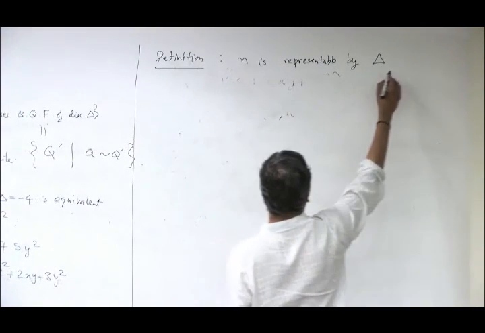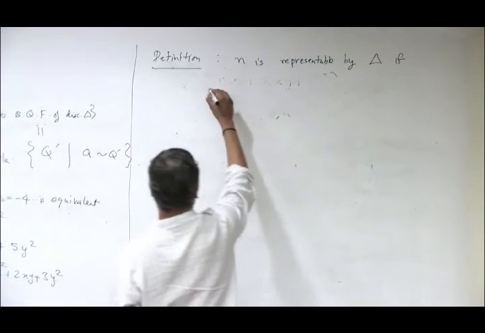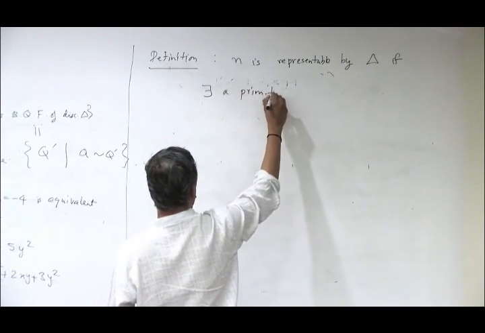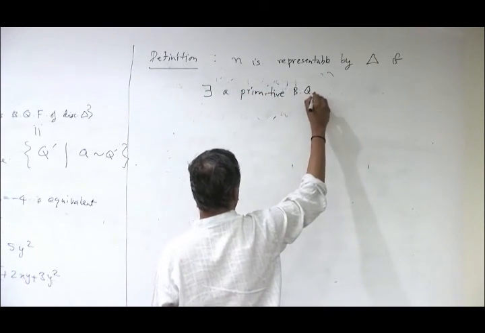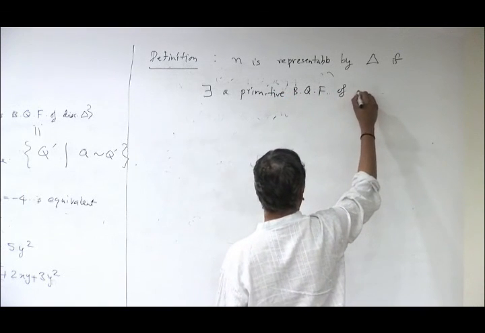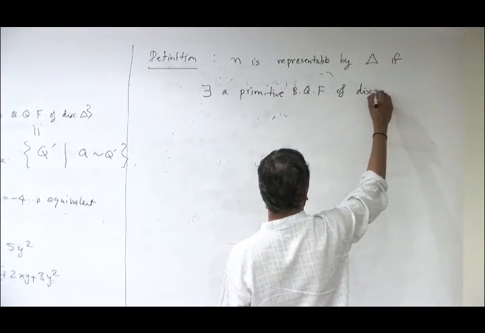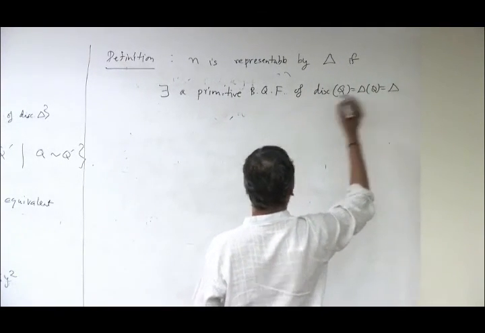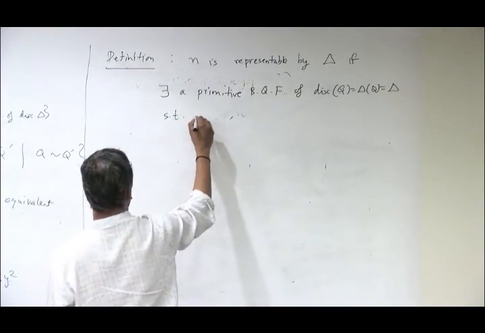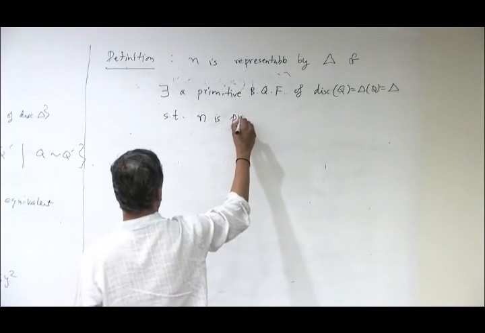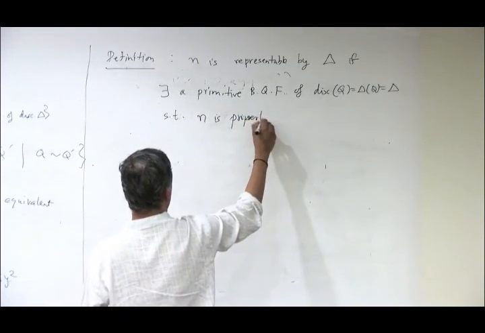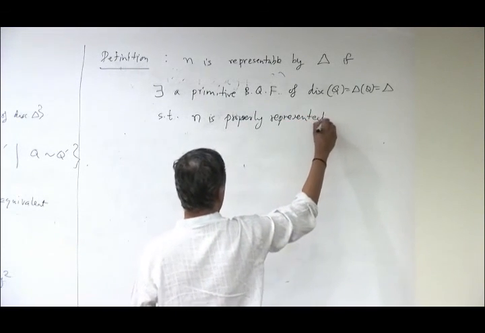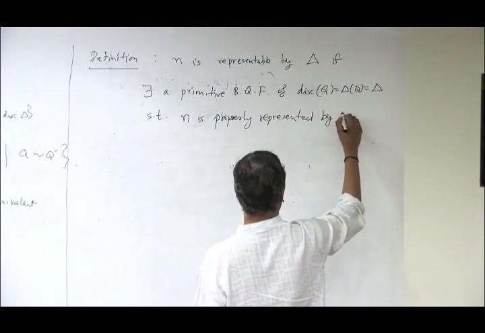N is representable by delta if there exists a primitive binary quadratic form Q of discriminant delta such that n is properly represented by such a Q.